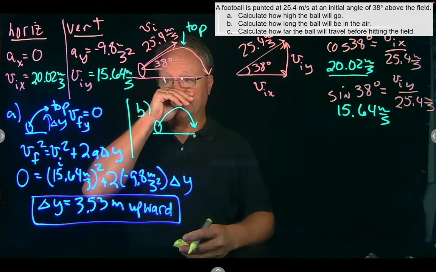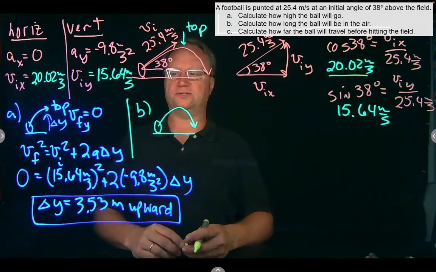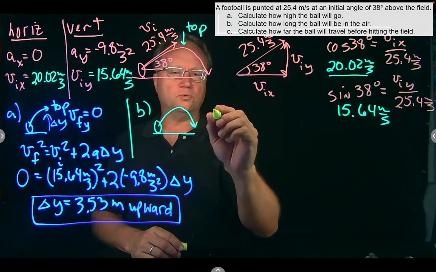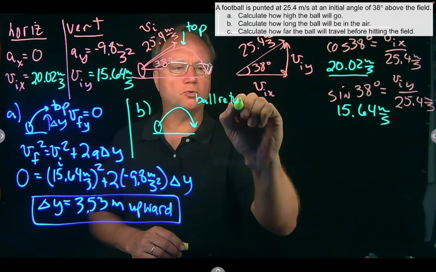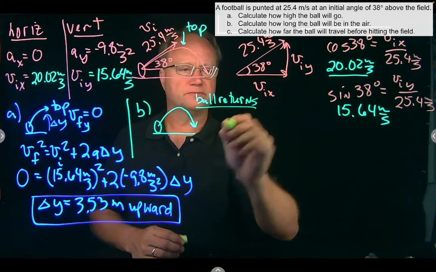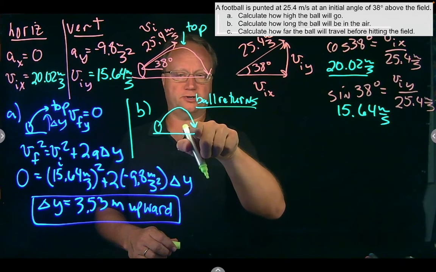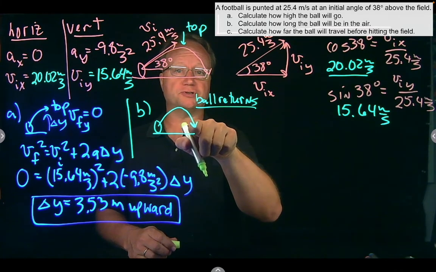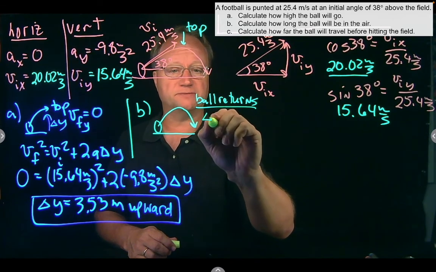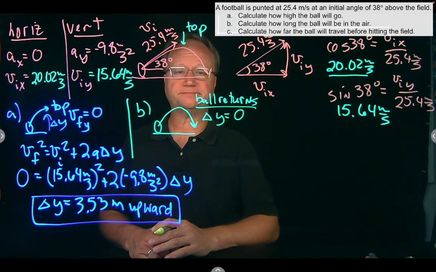So that means the extra numbers we used over here in part A, we can't use. So then let's figure out what else we know when the ball returns to the level where it started. Well, when it returns, it started at a certain vertical position. It's returned to that same vertical position. Delta y will be equal to 0.